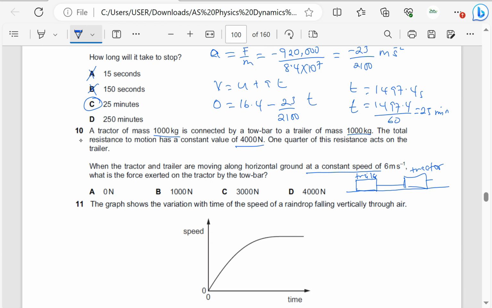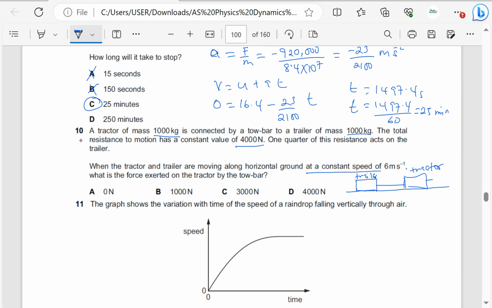A tractor of mass, connected by a tow bar to a trailer of mass. The total resistance to the motion has a constant value, and 1/4 of this resistance acts on the trailer.